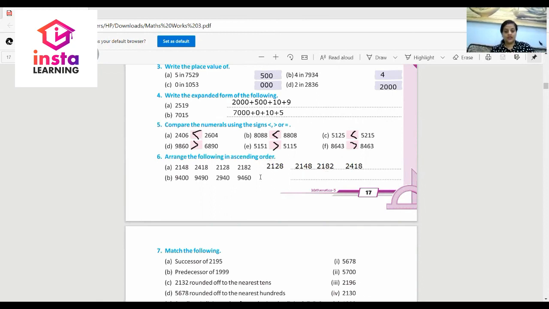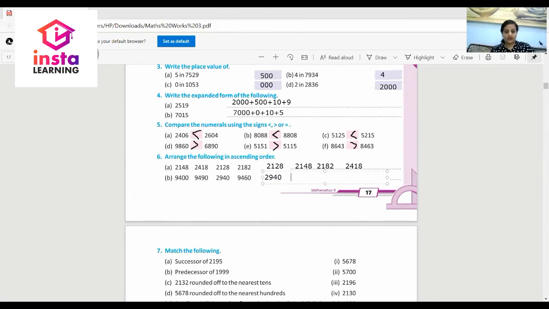Next is 9400 and then 9490, then 9000, 2940. So 2940 is the smallest number.